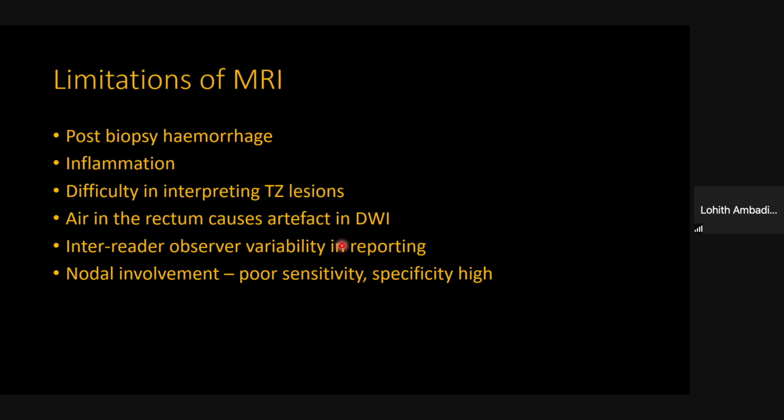Now, there is a definite interreader variability in prostate reporting, especially when it comes to small lesions and transition zone lesions. And nodal involvement with the present multiparametric MRI, it lacks sensitivity quite a bit, although specificity is high.